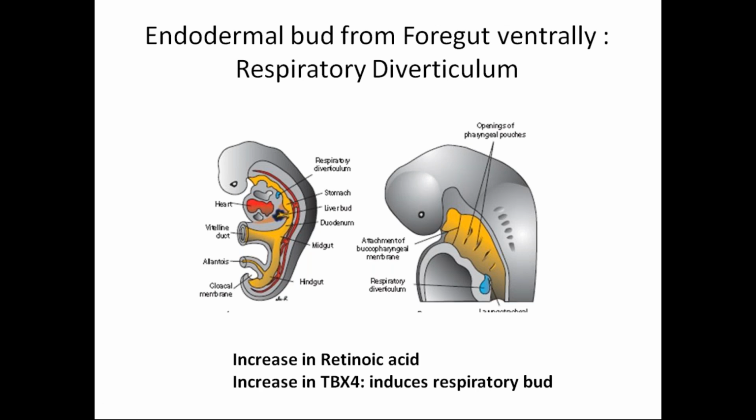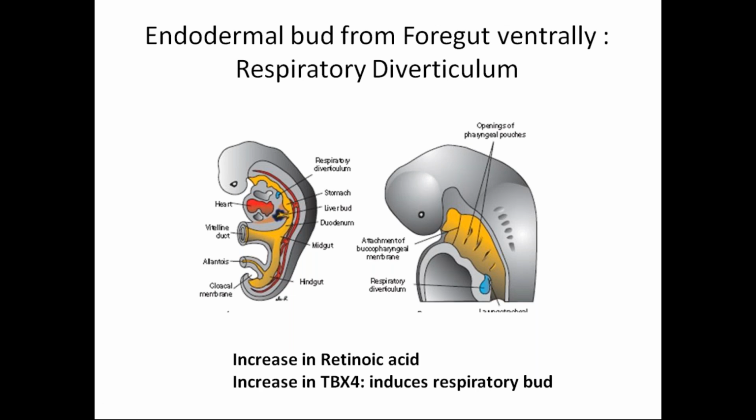So now let's see from the ventral aspect of this, a bud develops, which is called the respiratory diverticulum. Around the 4th week, there is increased retinoic acid in the embryo, especially on the cranial aspect, and this gives rise to an increase in a transcription factor, which is TBX4, and this TBX4 would induce the formation of the respiratory bud on the ventral surface of the foregut.